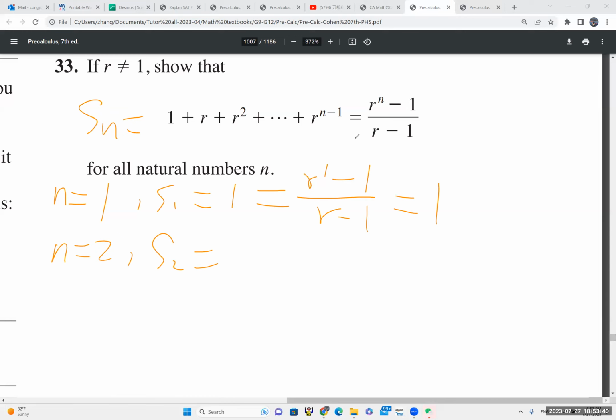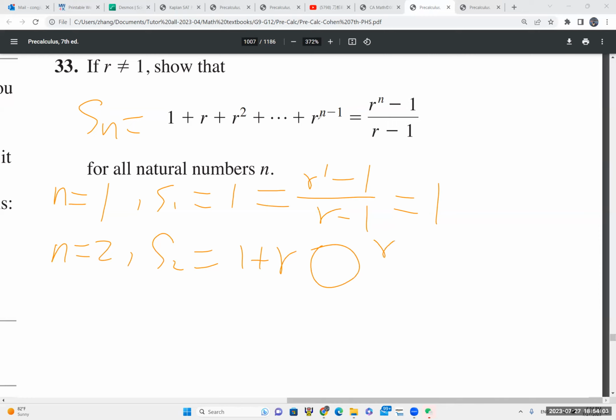When n is 2, 2 minus 1 is 1, which means the last term is r to the power of 1, which is just r. So it's 1 plus r. We'll see if it's equal or not.